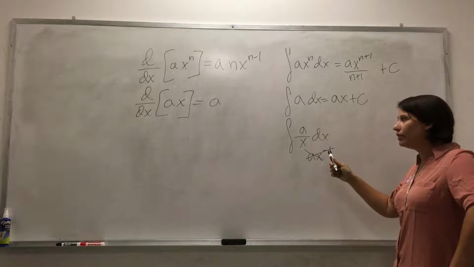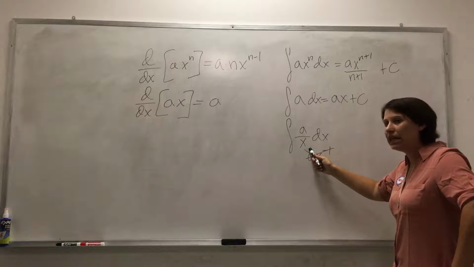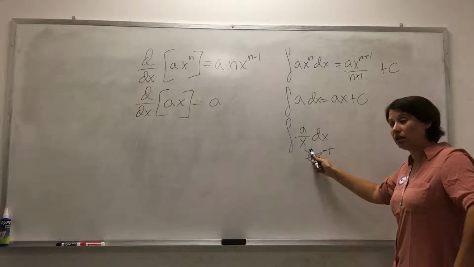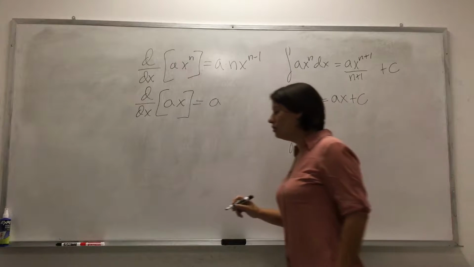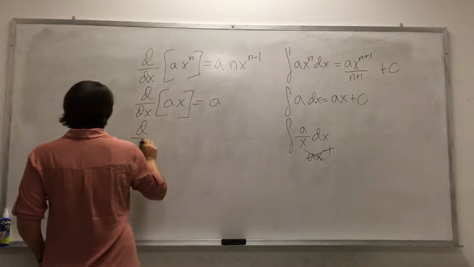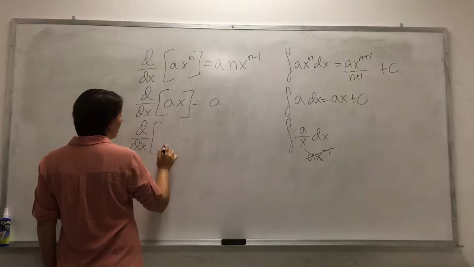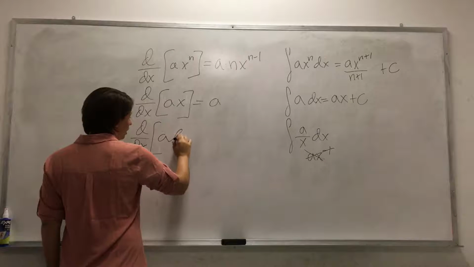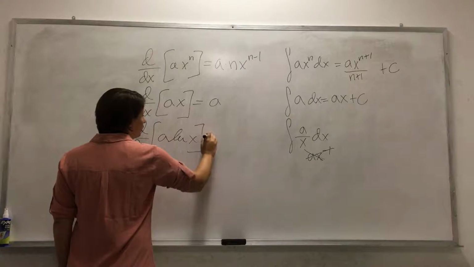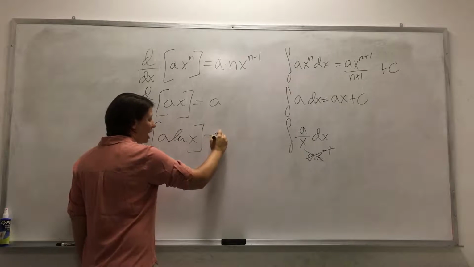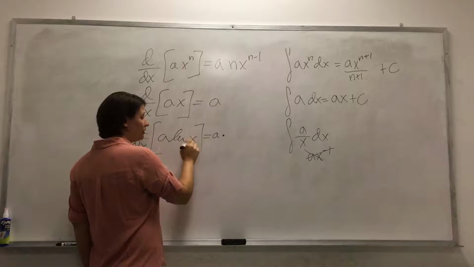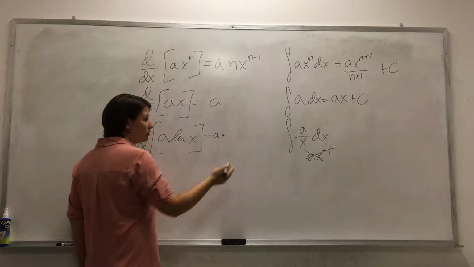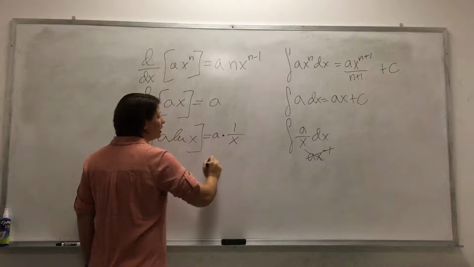When we took the derivative to get something like this, the only thing that did that for us was an ln. So, if we took the derivative of a basic ln, just a coefficient ln of x, what we would get would be a, because we rewrite the coefficient times the derivative of the inside. Inside's x, so derivative is 1 over that inside.